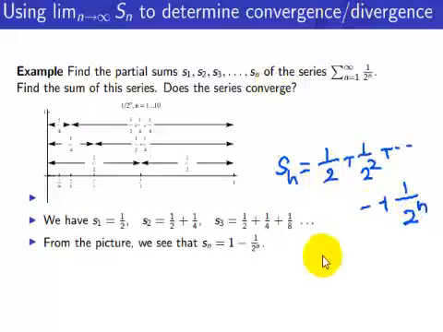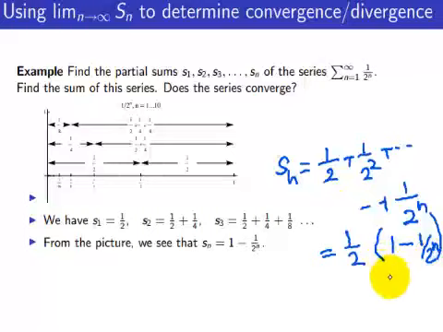So what is that? A is 1/2 and 1 minus your common ratio divided by 1 minus your common ratio. This one is same with this, right?